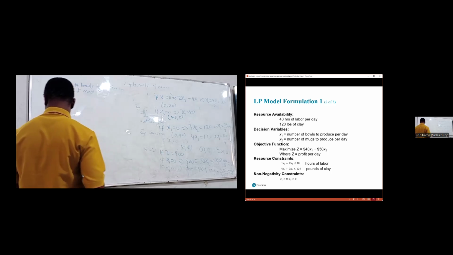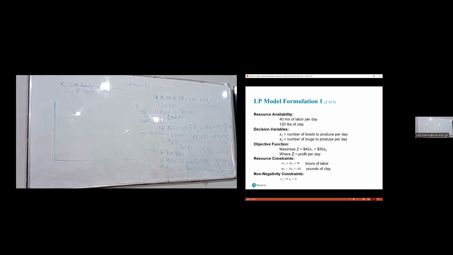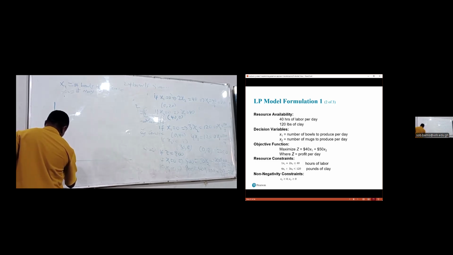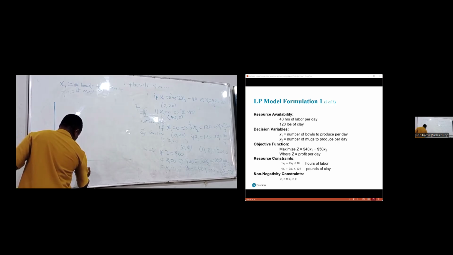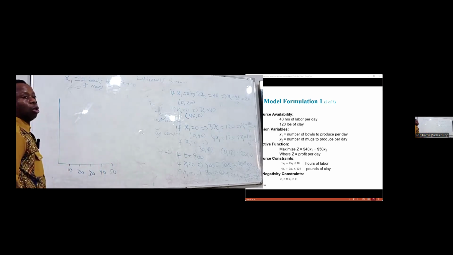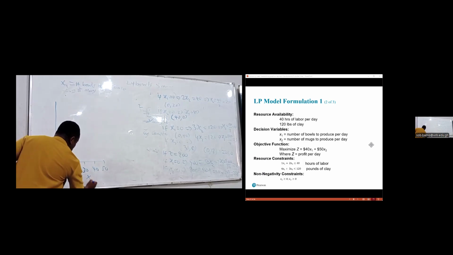So as I said, we are just going to sketch. I have 40, so I can just use 10, 20, 30, 40 for this axis, x1.